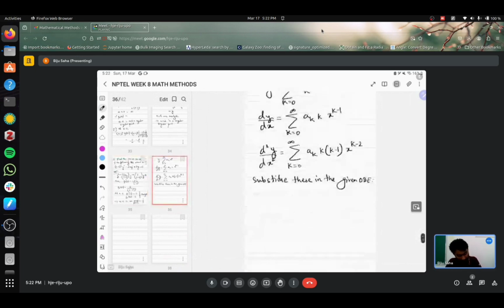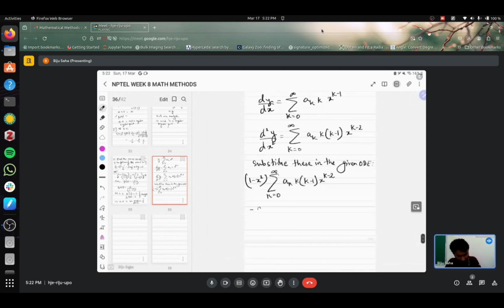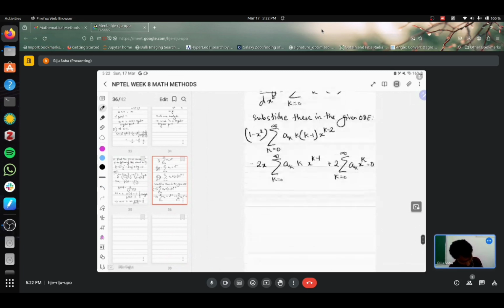What we obtain is, first of all, we have 1 minus x square, and the next term is 2x into y prime, that is, and the final term. Let's expand it fully.